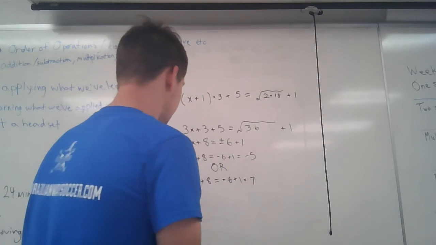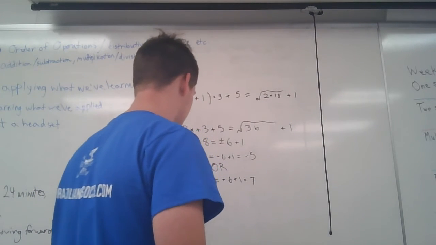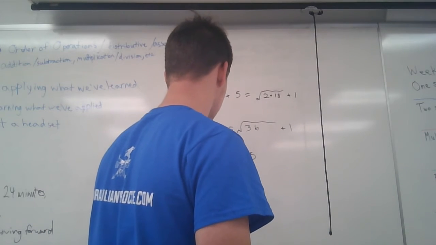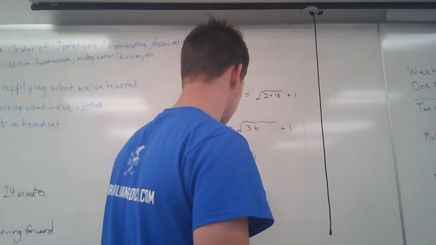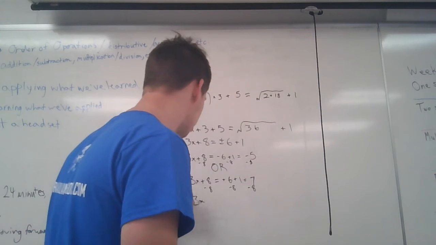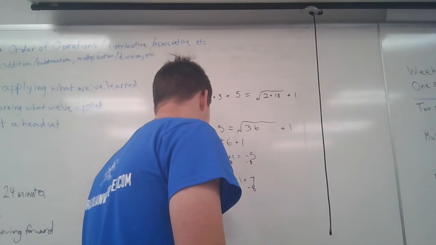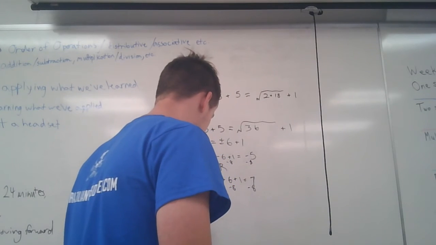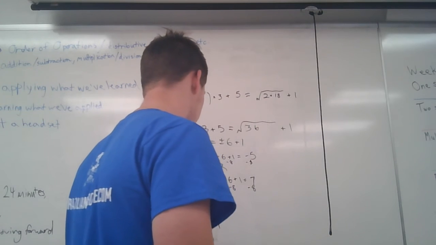Either way, we need to subtract 8 from both sides to get either 3x equals negative 13 or 3x equals negative 1.